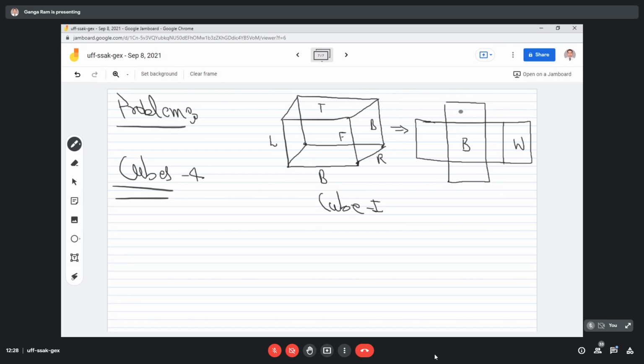Same here, this is front and back, which are colored by red. And again, this one is the left and right. This face is also colored by red, and it is colored by blue.